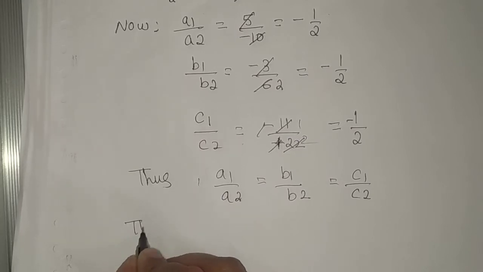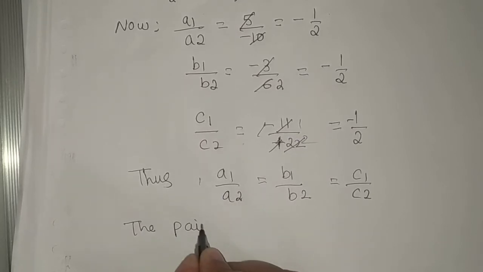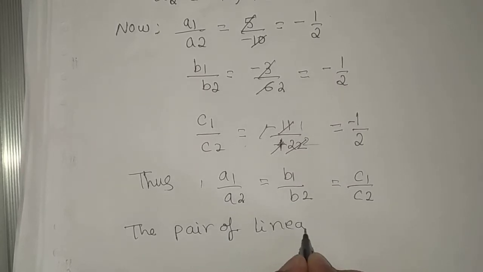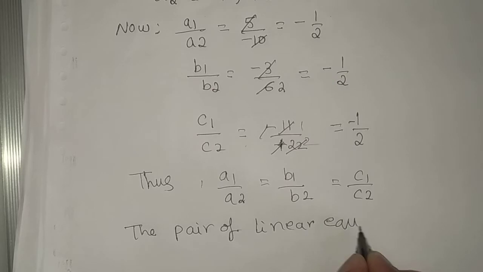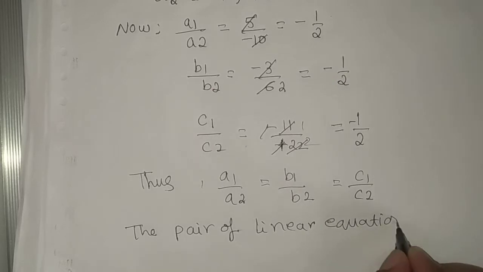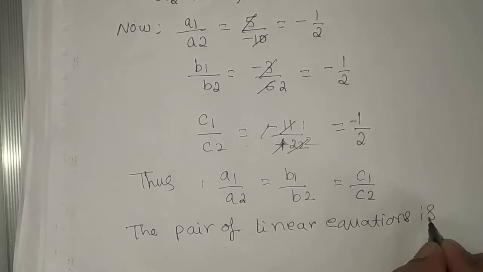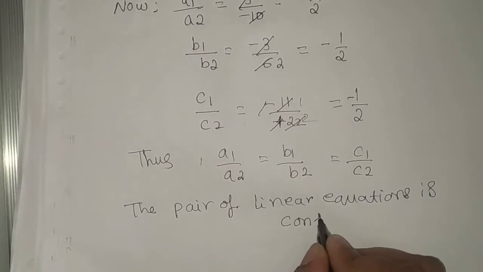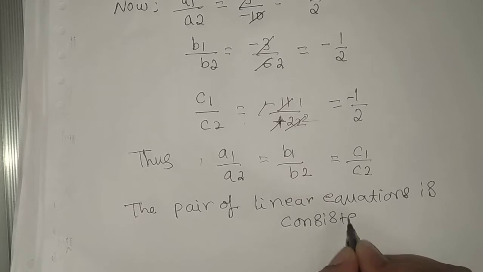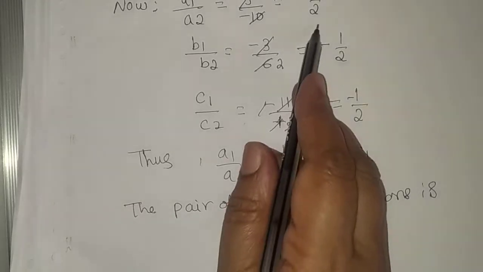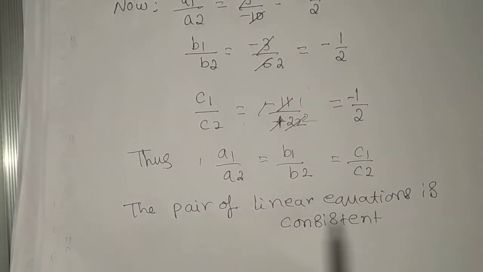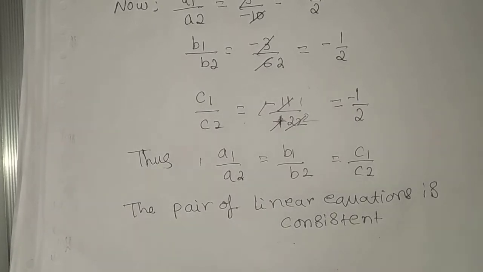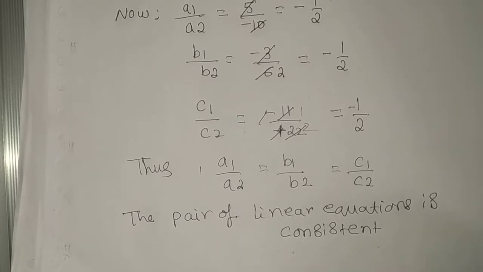So what we write, the pair of linear equations is consistent or dependent, is consistent. Since all three cases are equal, the pair of linear equations is consistent. This completes the fourth one. We move on to the fifth.